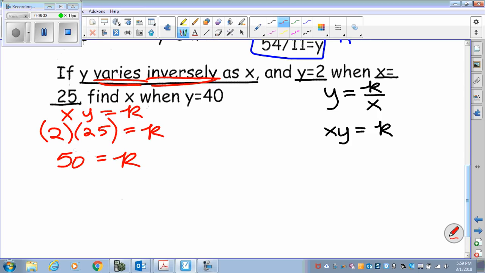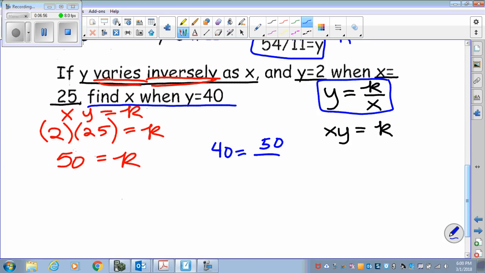All right, but what it says here is find x when y is 40. So if I use this equation, y is 40, the constant is 50, and I'm trying to find x.